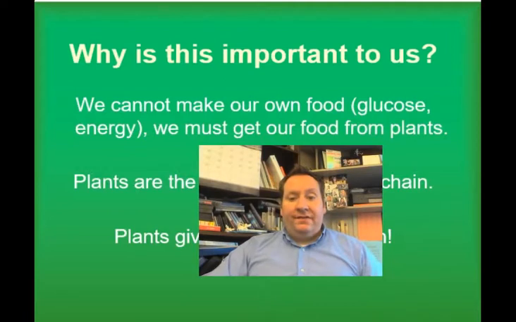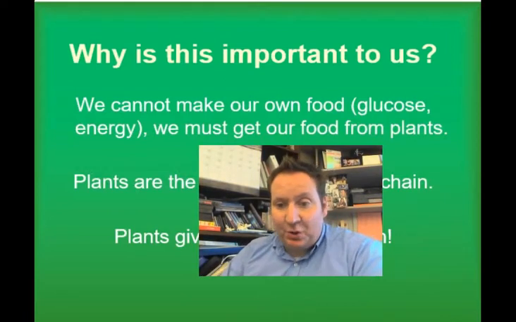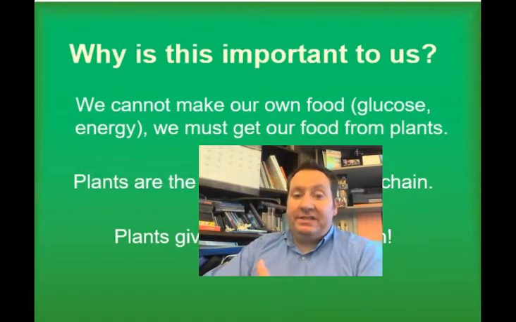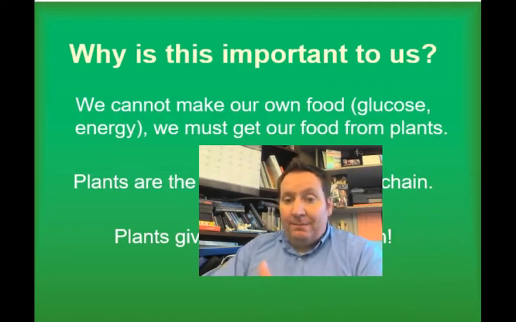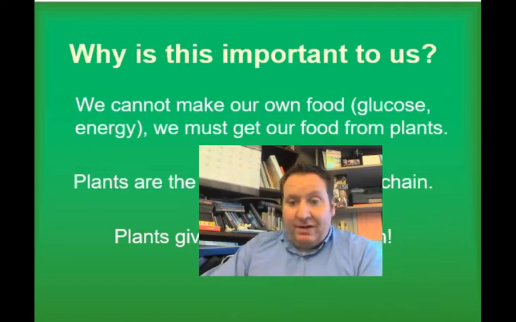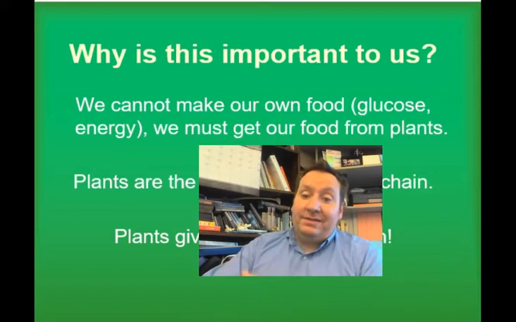So why is this so vitally important to us is the next question you're going to ask. Much like, why is photosynthesis so important to us? We can't make our own food. We're heterotrophs. We cannot make our own food, so we must get our food from plants. We can get our food from plants, and we can get it from other animals.